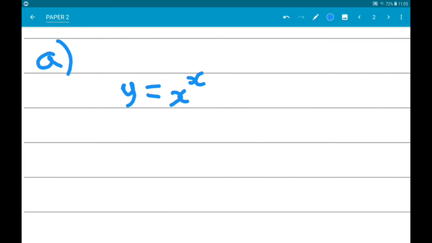Now, we need to differentiate, so the only log we can differentiate is ln. So let's take that on both sides. So we get log y is a log of x to the x, which is x log x.